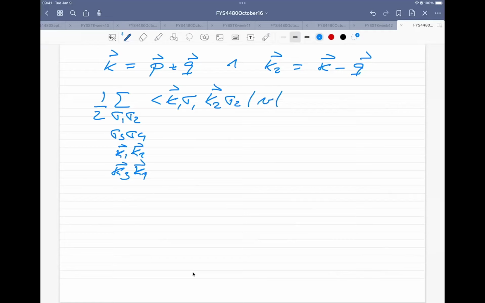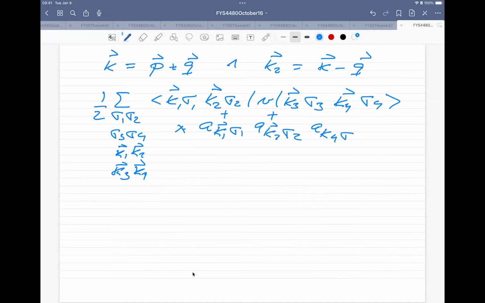And then we had the interaction, and then we had K3 sigma 3. And then we have K4. We're just writing out in all gory details the quantum numbers. And then we had the creation and annihilation operators of K1, sigma 1, A, K2, sigma 2, dagger, A, K4, sigma 4, and then A, K3, sigma 3.